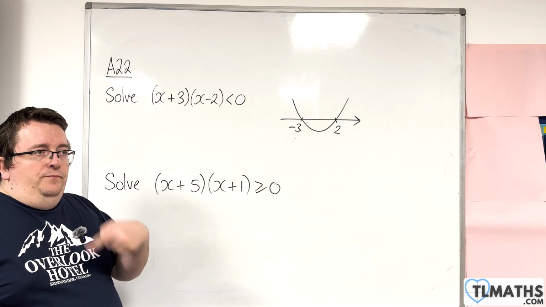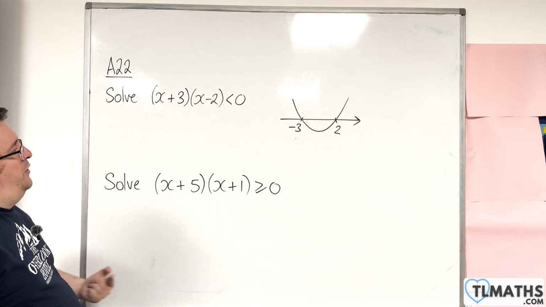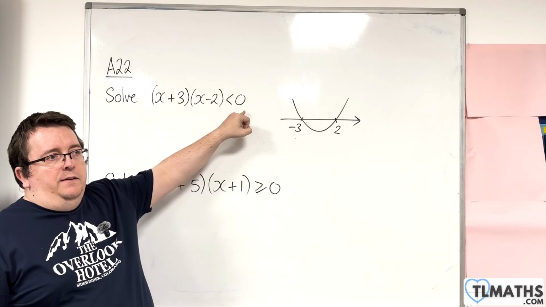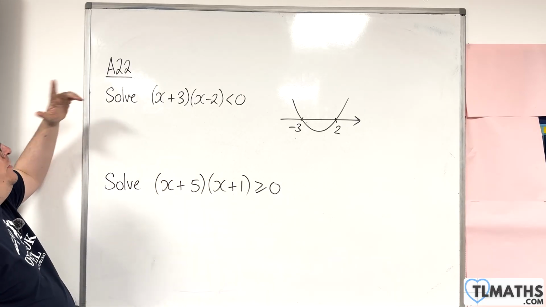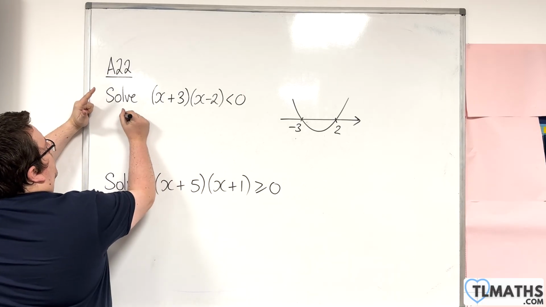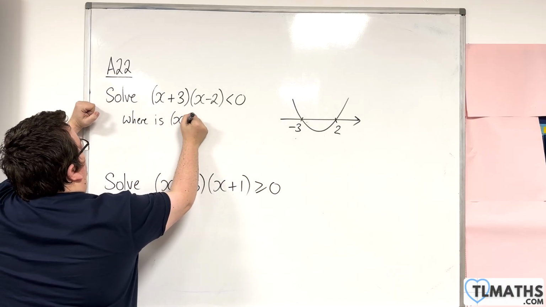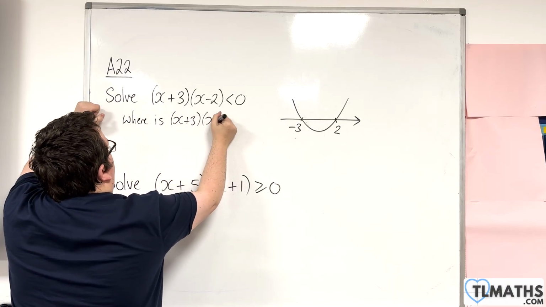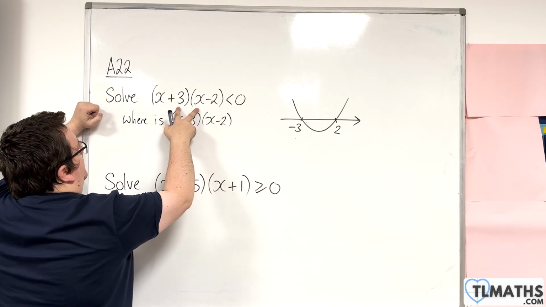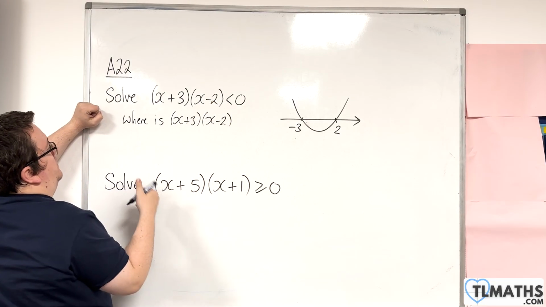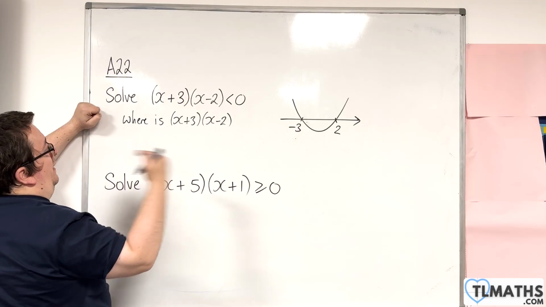So now, what I want you to do is think about, right, what does this really mean? This is asking us where is (x + 3)(x - 2), so that bit, when it's saying less than, graphically that means below.